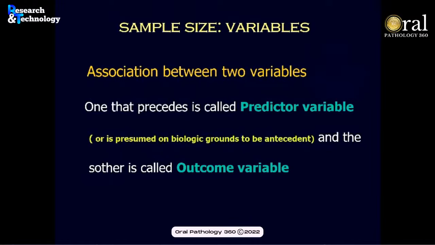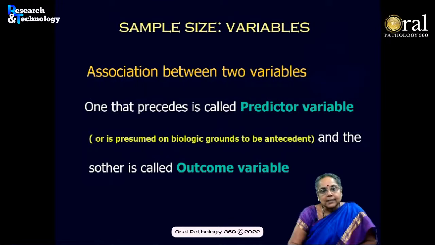One more concept with variables: we have the predictor variable and the outcome variable. In an association between two variables, the one that precedes is called the predictor and the other is called the outcome variable.